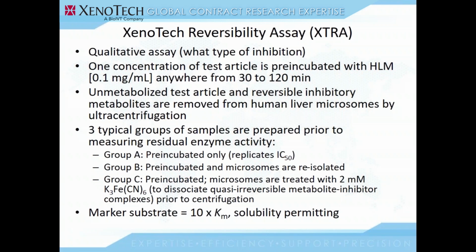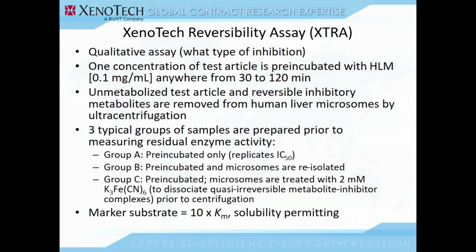Unmetabolized test article and reversible inhibitory metabolites are removed from human liver microsomes by ultracentrifugation. There are three typical groups of samples that are prepared prior to measuring residual enzyme activity. Group A includes samples that are pre-incubated only, and this will replicate the IC50 inhibition that you saw in the results.